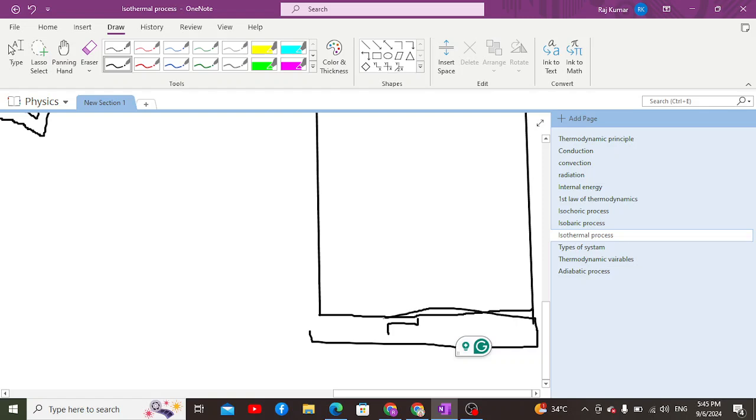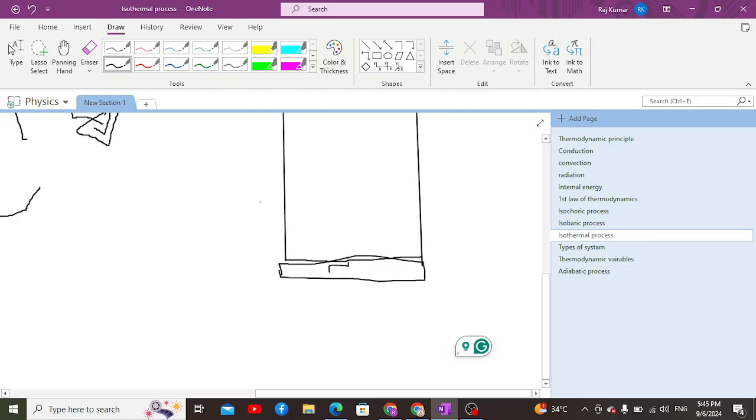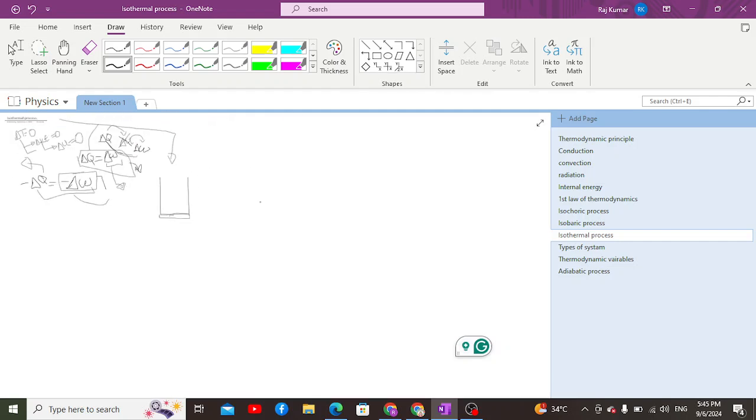The function of the heat reservoir, the thermal reservoir, is to make sure that there is no increase or decrease in the internal energy, by keeping the thermal energy absorbed or released by the system constant, due to which the internal energy of the system is kept constant.